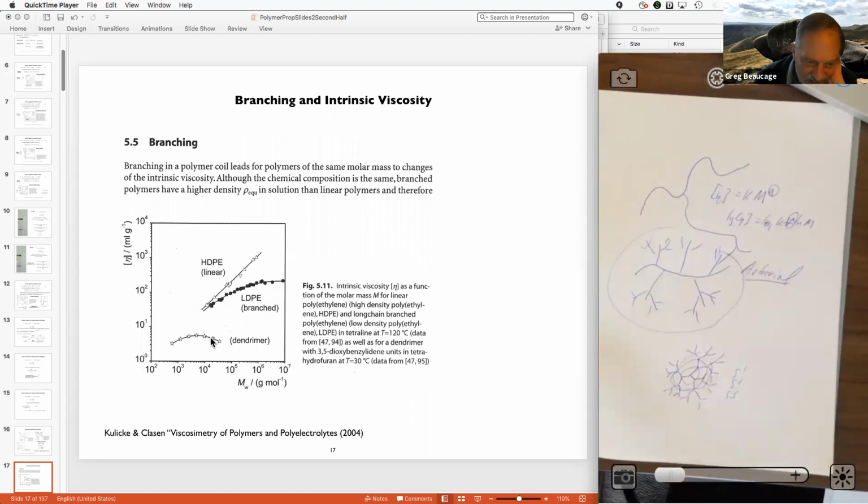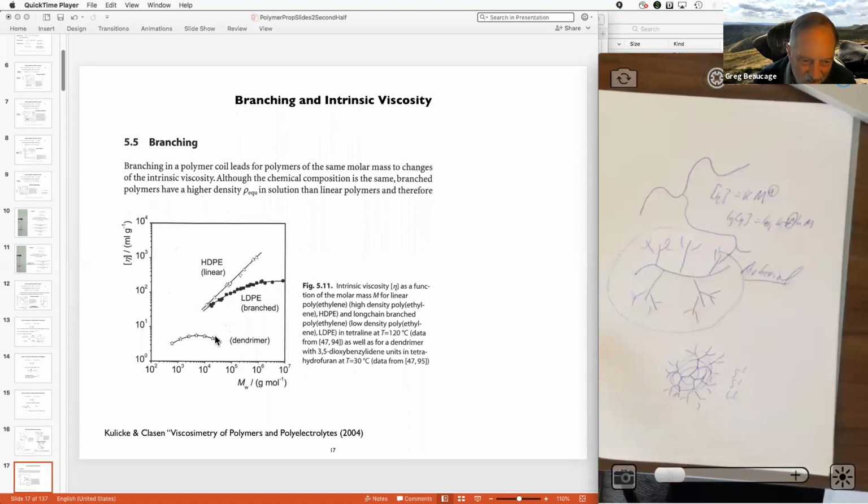Then all of a sudden, density increases as you go to higher molecular weight. So it's becoming solid. The limit of this is that density increases, it becomes solid, and the density becomes fixed. It becomes a flat line. So basically, if this intrinsic viscosity is a flat line, that's a solid.